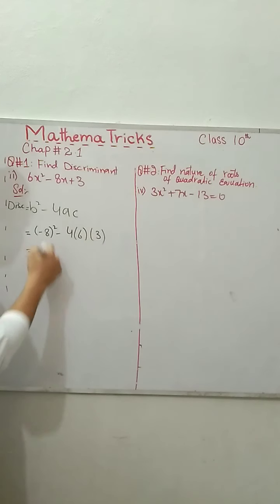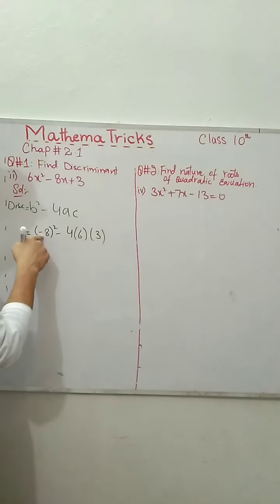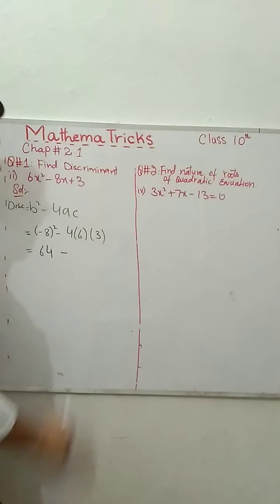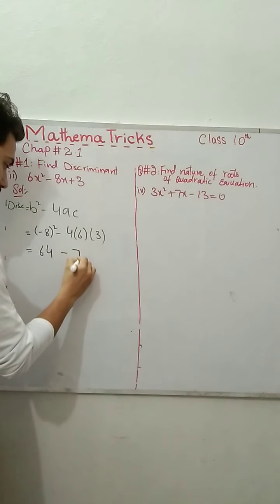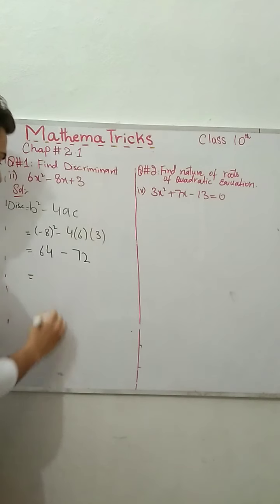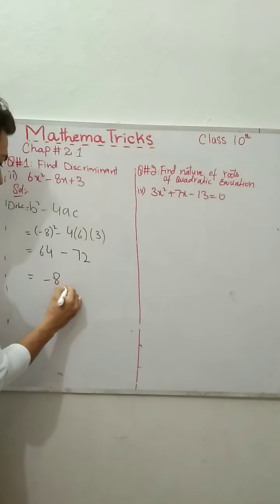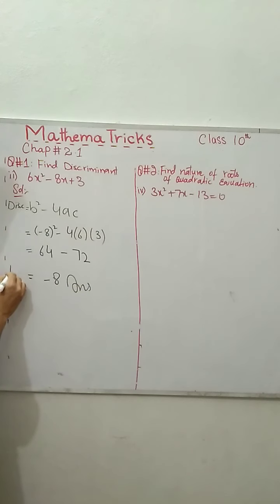The square of 8, the negative sign will be positive because of even power. I got positive 64 minus 4 times 6 is 24, 24 times 3 is 72. I got 64 minus 72, which gives minus 8 as your answer. This is your discriminant.